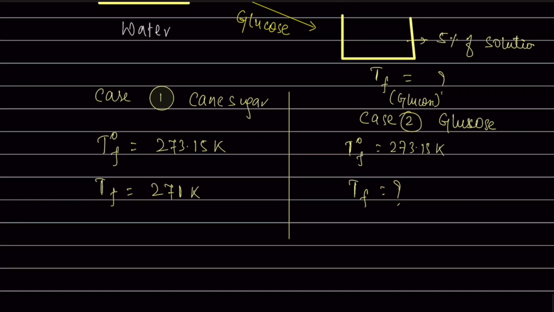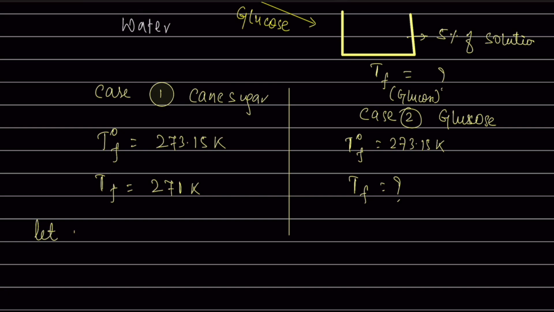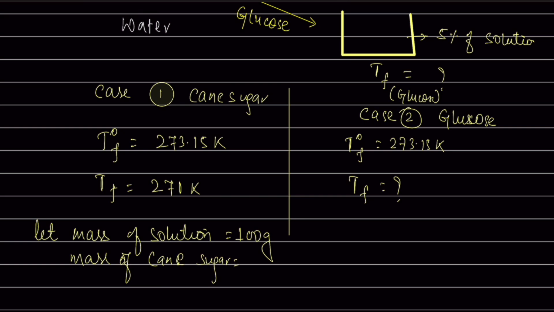Then we can assume the mass of the solution is 100 gram. So the mass of cane sugar is 5 gram because it is 5% of the total solution. Similarly, the mass of glucose is also 5% of 100 gram, equal to 5 gram.